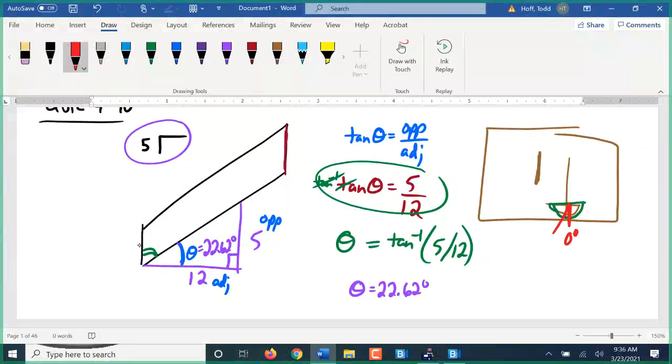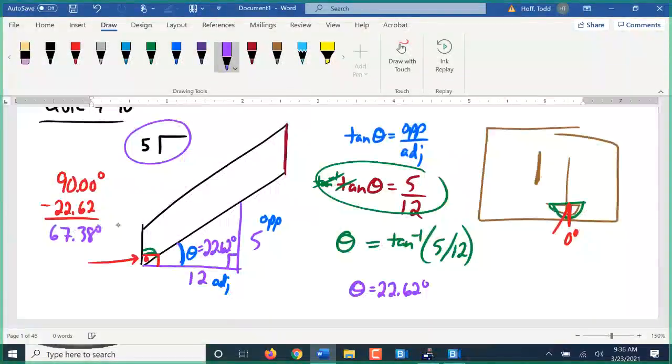But what if I want this angle right here? This would be a right angle, still vertical and horizontal dimensions, so it is the complement of the 22.62. If I subtract, that ends up being 67.38 degrees.